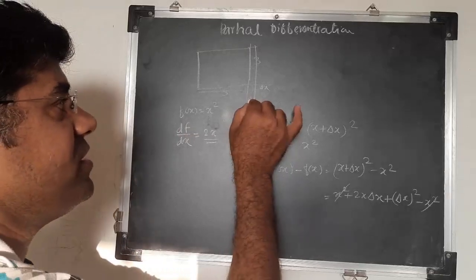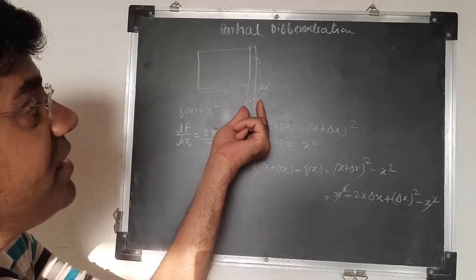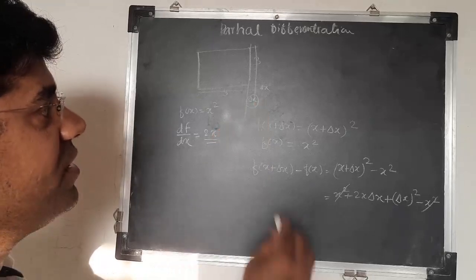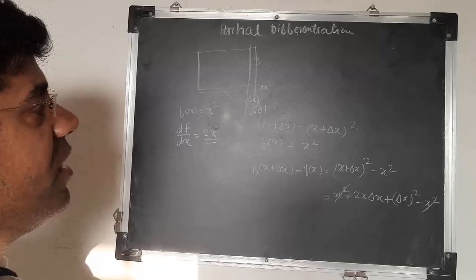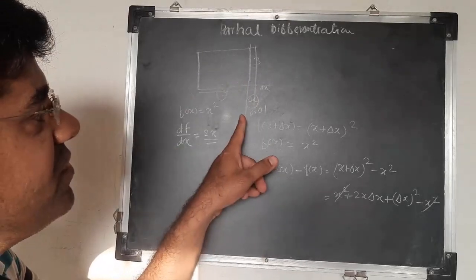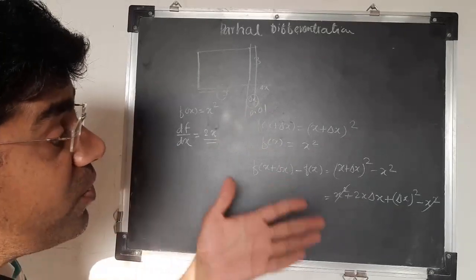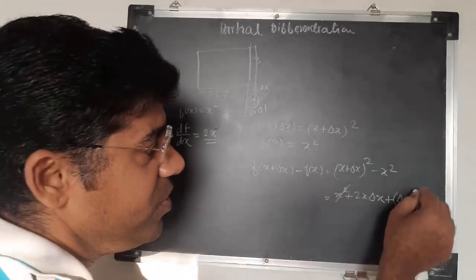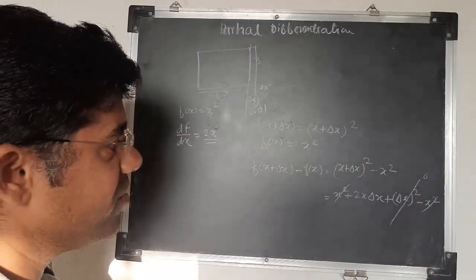Now delta x is an infinitesimal change in x, so its value is very small, just like 0.01 something, and you have taken the value of x as, suppose, 3. So in comparison with 3, this is a negligible value, and again you are taking the square of that one, so obviously the square is negligible, so we can neglect that particular term.